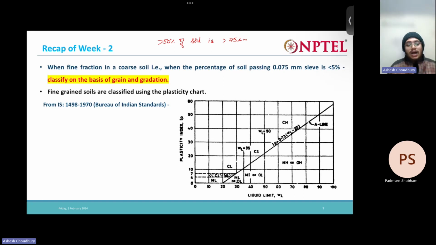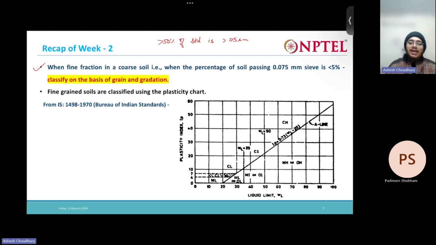Now, if the fine fraction, the amount of fine particles in that coarse soil, is less than 5%, then we classify the soil exclusively on the basis of grain and gradation. First we identified that the soil is coarse grained, so the prefix is either sand or gravel, S or G. Now comes the suffix.